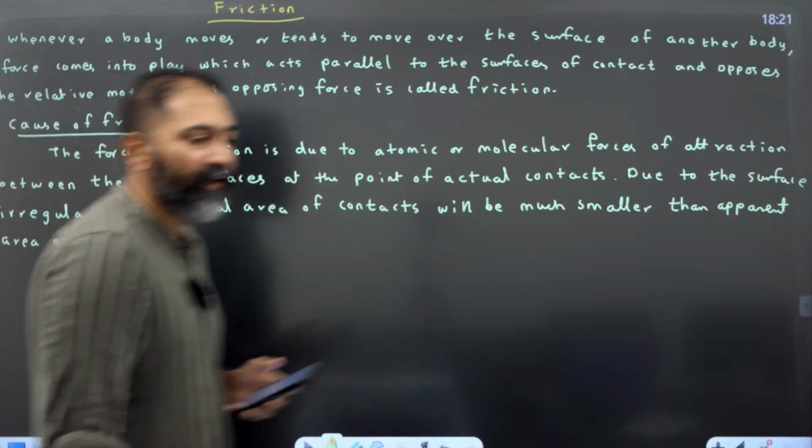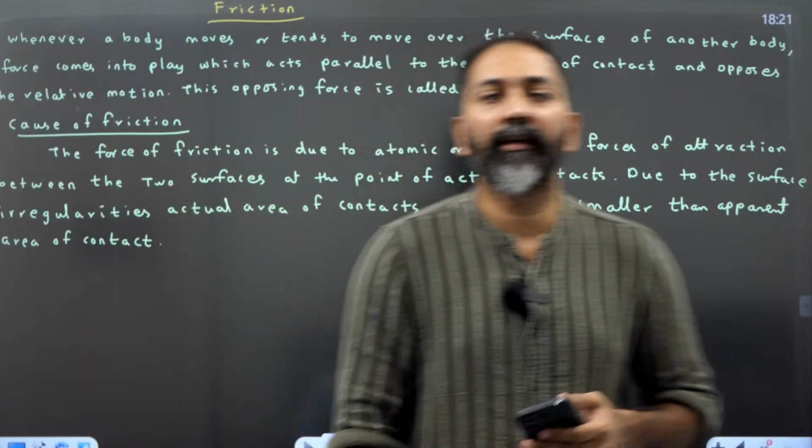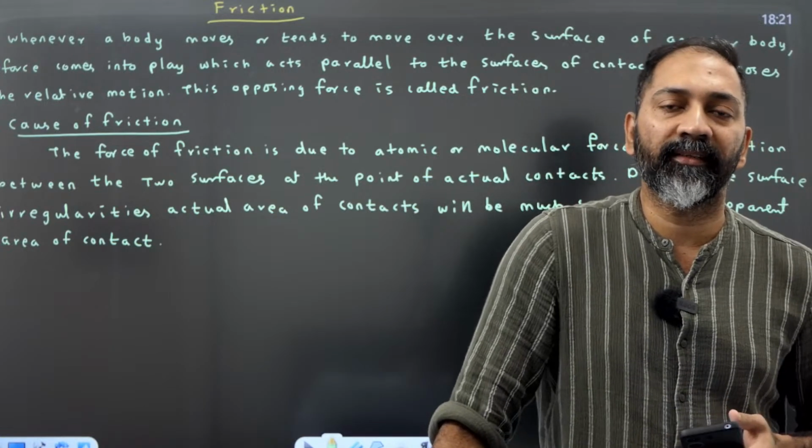Actual area of contact will be what? Much smaller than what? Apparent area of contact.